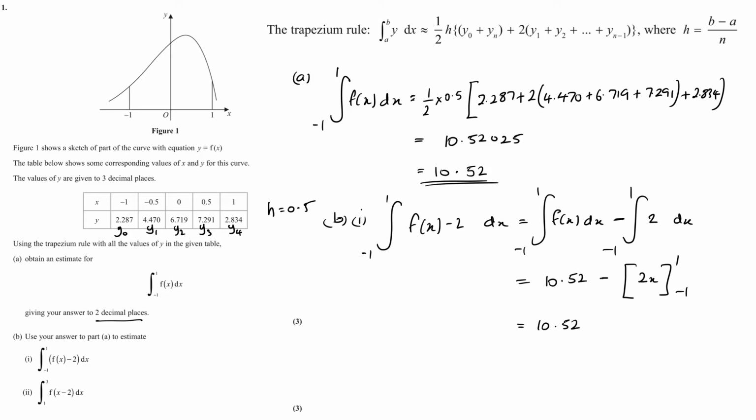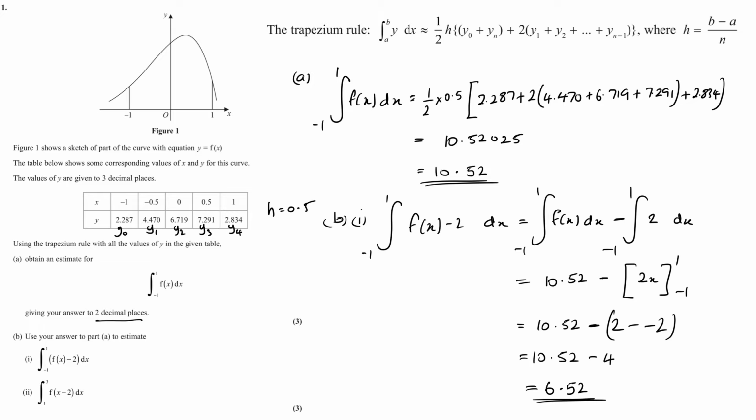So we got 10.52 minus, now if I substitute the 1 in, I would have 2. And actually I'm just going to put a bracket here so I don't mess up my signs. And then when I substitute the minus 1 in, I'd be taking away minus 2. So I've got 10.52 minus, and this is 2 plus 2, so it's 4. So I'm taking away 4. So this gives me 6.52.